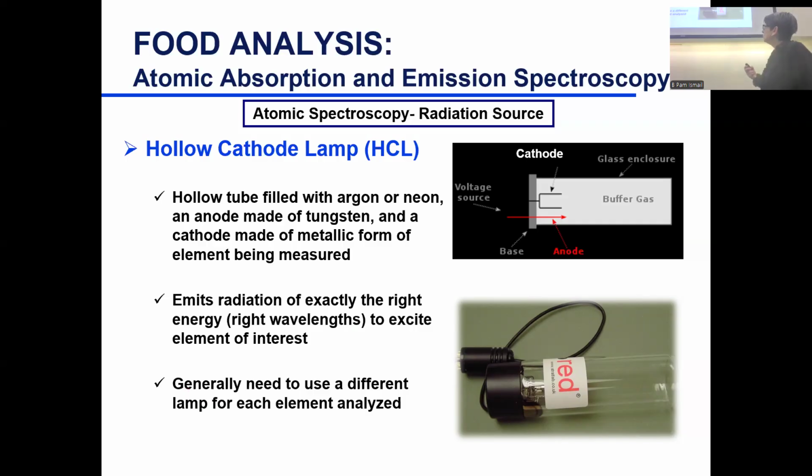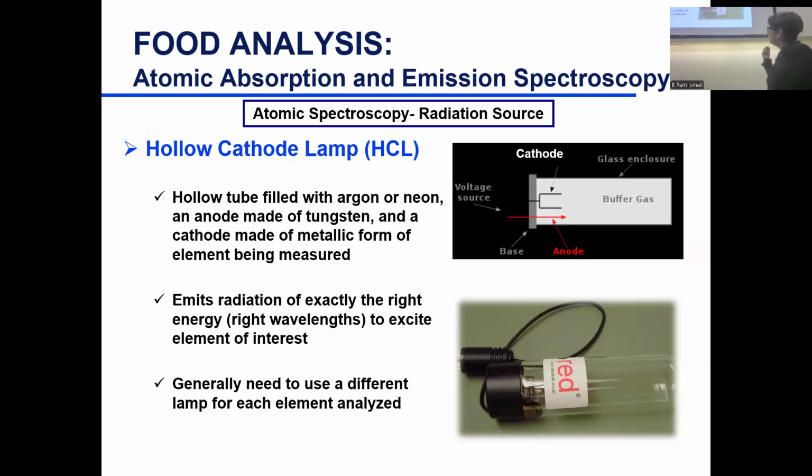So basically, when you have this cathode made up of that particular element, and the anode here is providing the charge, the light emitted is within the spectra allowable for that element. So if it's iron, the energy of the light is in the allowable range for iron, or in the allowable range of calcium, depending on the cathode source.